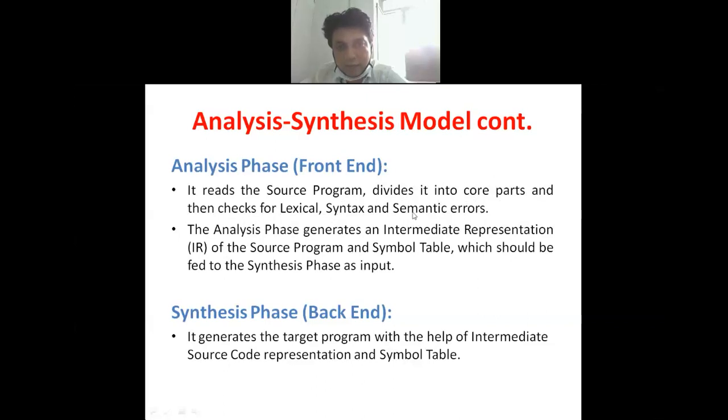In every phase of the compiler, there are some specific types of errors which we are going to study in our next lectures, like the lexical error, syntax error, or the semantic errors, which are part of every individual phase of the compiler. Now, the analysis phase generates an intermediate representation of the source program and symbol table, which is fed to the synthesis phase as input.